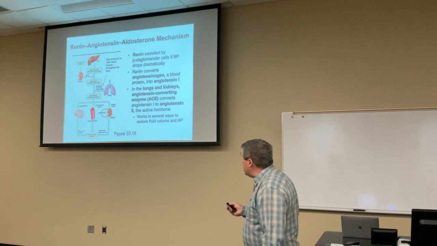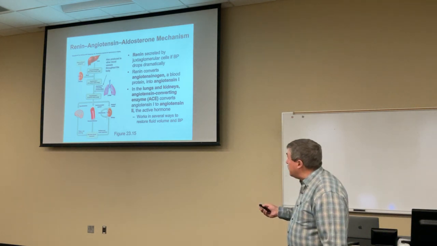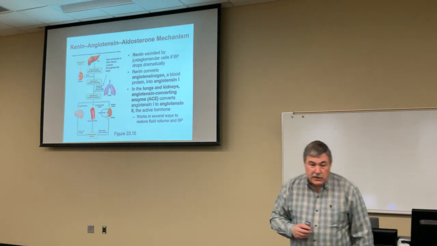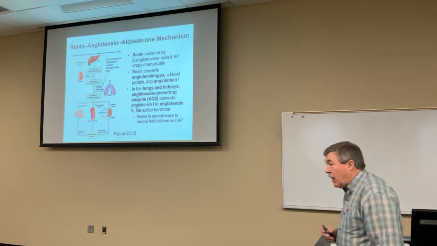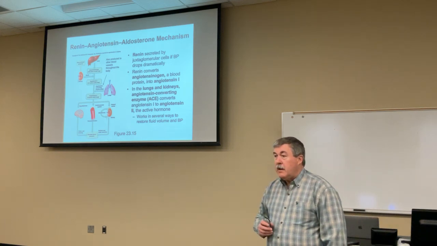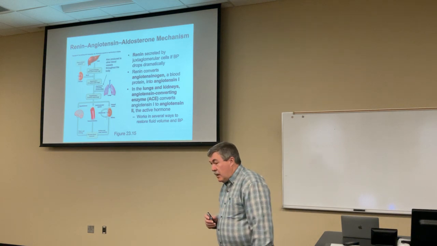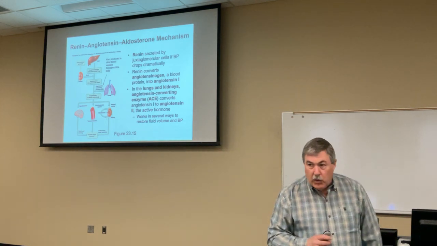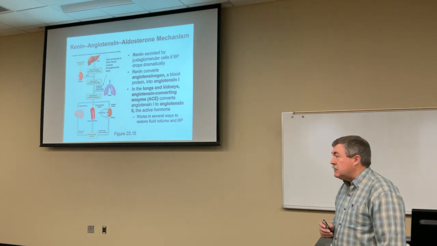But angiotensin 2 also has some effects on other organs. One of them is that angiotensin 2 causes the adrenal cortex to release another hormone called aldosterone. Aldosterone is a hormone that causes an increase in the reabsorption of sodium in the distal convoluted tubules of the nephrons.